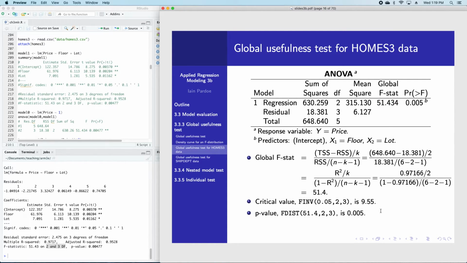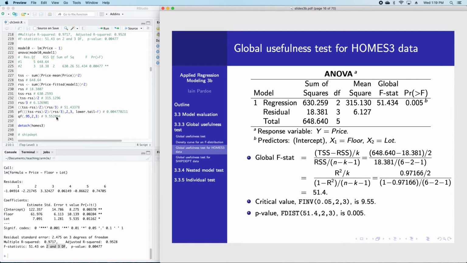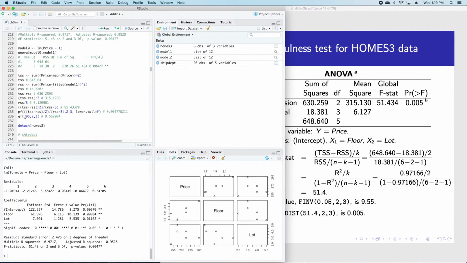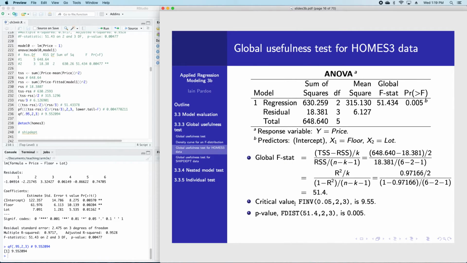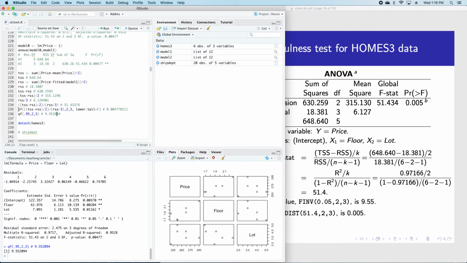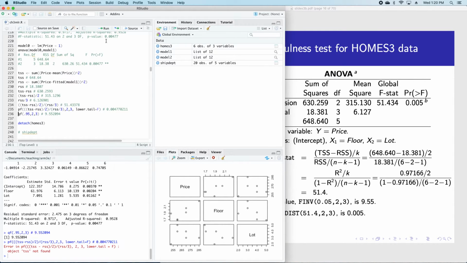The critical value is the 95th percentile of an F distribution with 2 numerator degrees of freedom and 3 denominator degrees of freedom. I can calculate that in R using this function here. This code here is the code that you could use in Excel if you were using Excel to find your critical values and p-values. The p-value I can obtain using this function here, except I've not calculated these things yet, so let's just do that.